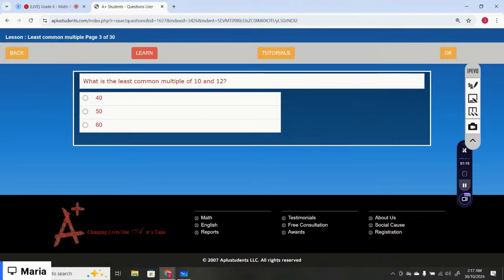What is the least common multiple of 10 and 12? Which is the correct option?